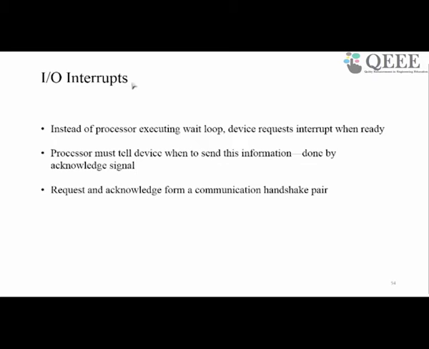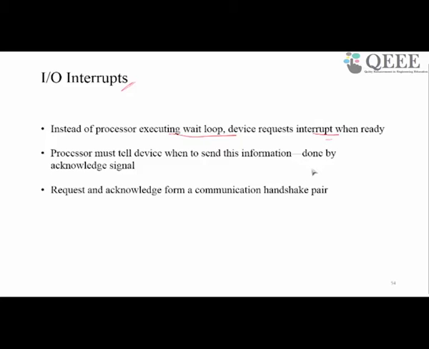Then IO interrupts are extremely useful in order to save processor time. Instead of the processor executing a wait loop, waiting for the status of a device to be updated, you can let the processor execute whatever program it is currently running, and when the device wants attention, it can interrupt it.